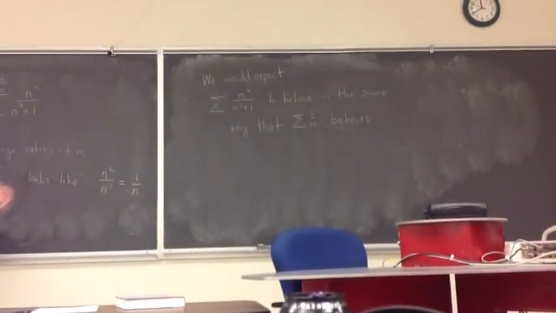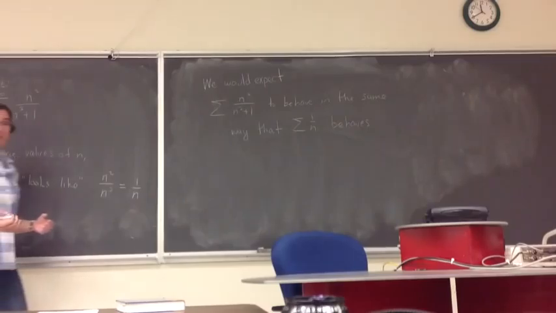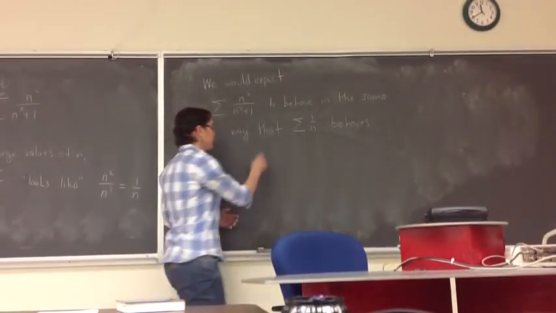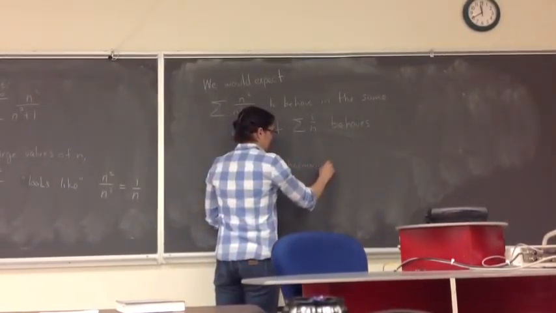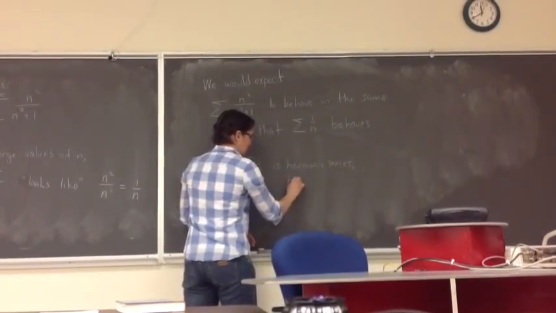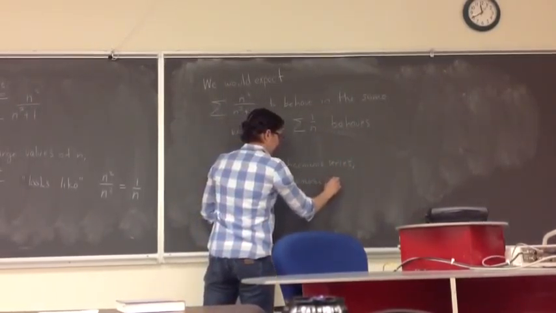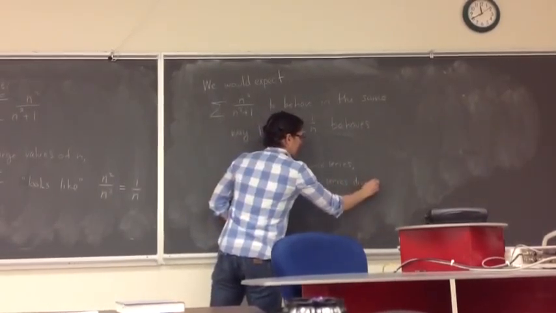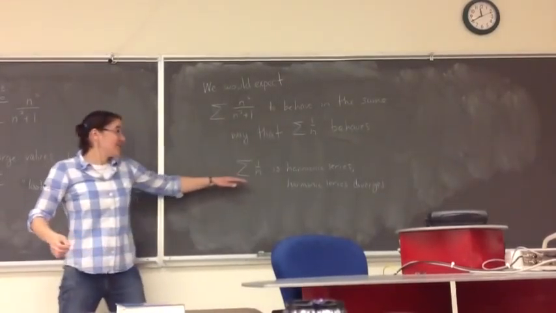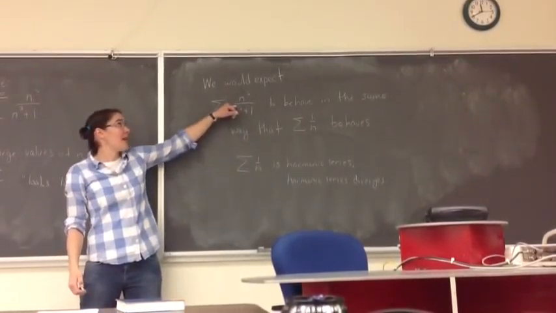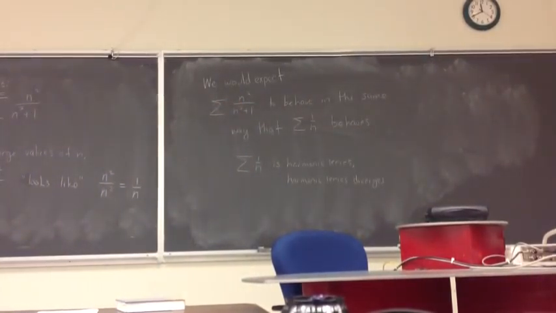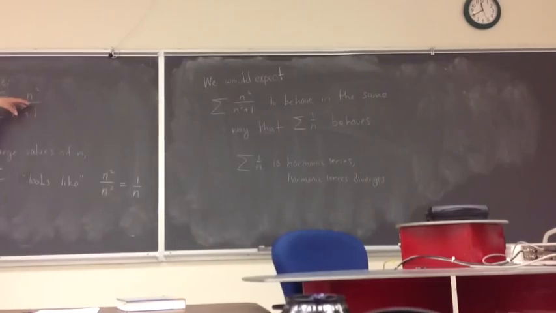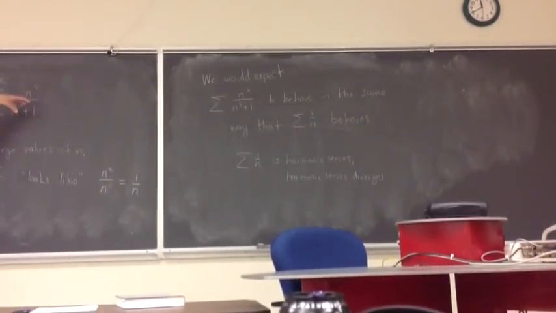Now we know an awful lot about the sum of all the 1 over n's. That's our harmonic series. It's also a p series with p equal to 1. So the sum of 1 over n is the harmonic series, and the harmonic series diverges. And so since we know our harmonic series diverges, we would expect that our mystery series would also diverge. And so this idea of saying, oh, well, this series looks an awful lot like a known series is our next test that comes along. It's called the limit comparison test.